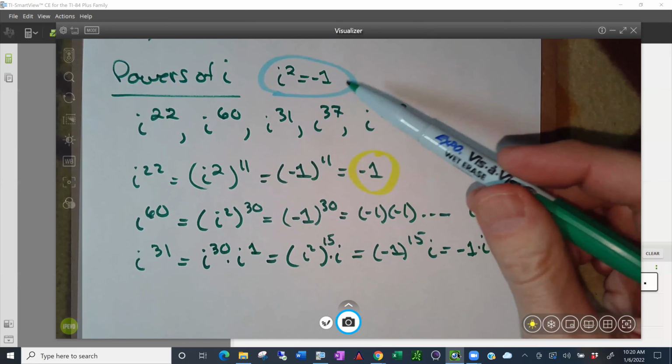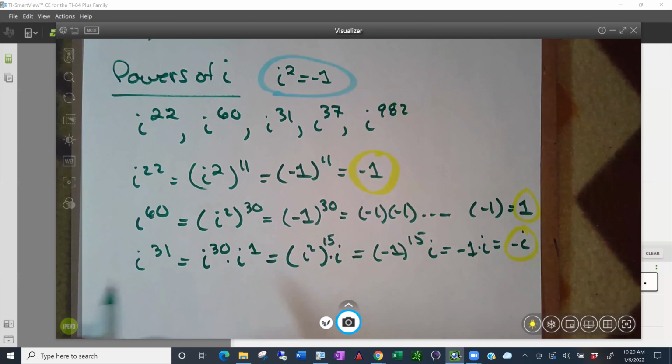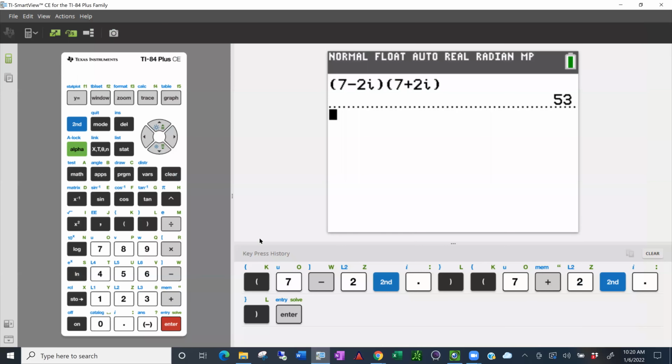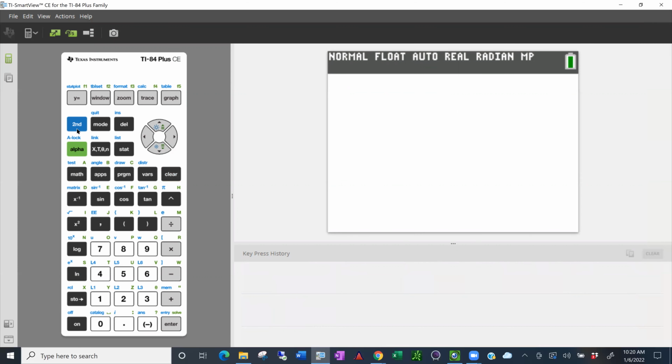So let's take a look here. Oh, you know what? Before I do that, let's just take a look at things on the graphing calculator. There's nothing wrong with checking yourself on the graphing calculator. I encourage that. I want to see you get it right. Let's do i raised to the 31st power.